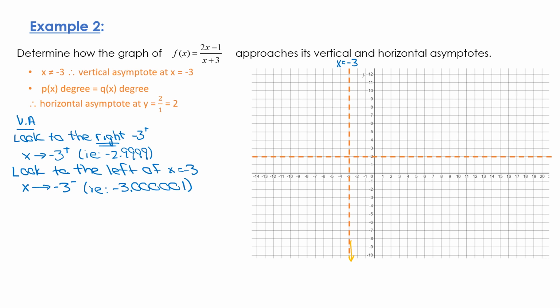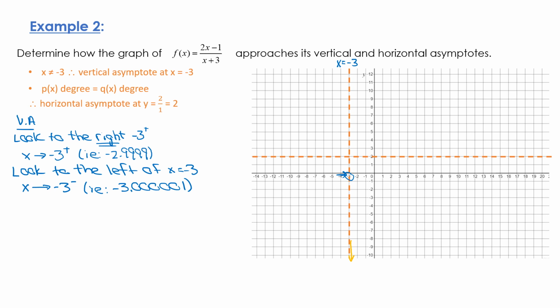If I put it with my marker here, here's -3, right? I'm trying to get really, really close to -3, but on the left side. Because I can't put -3 into the formula, but I can sub in this number that's really close to -3. So I want you to try that.